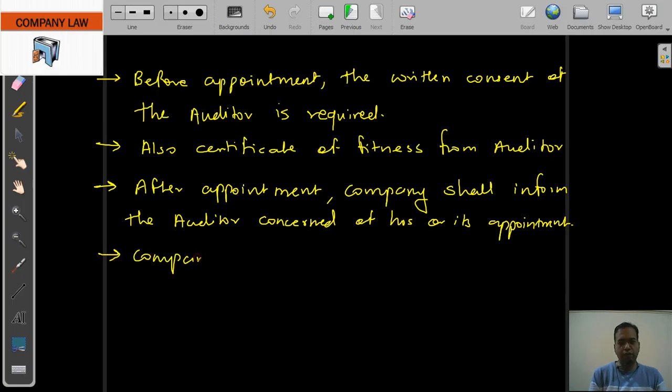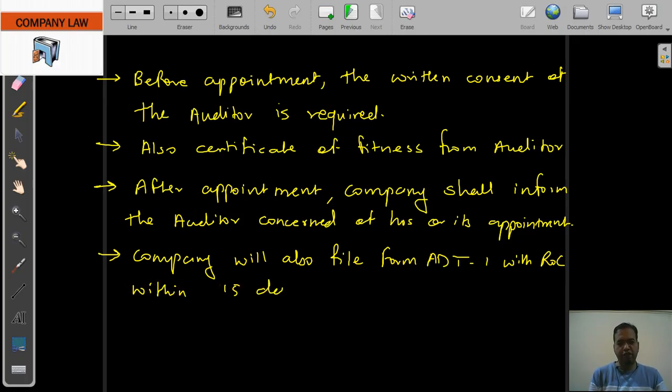The company will also file Form ADT-1 with the ROC within 15 days.